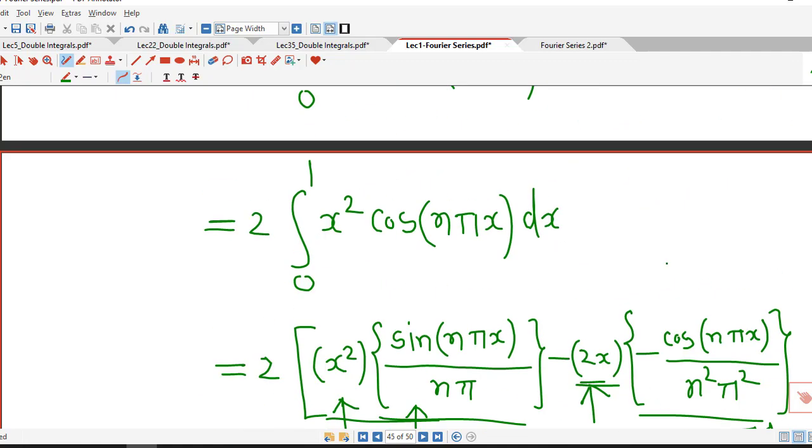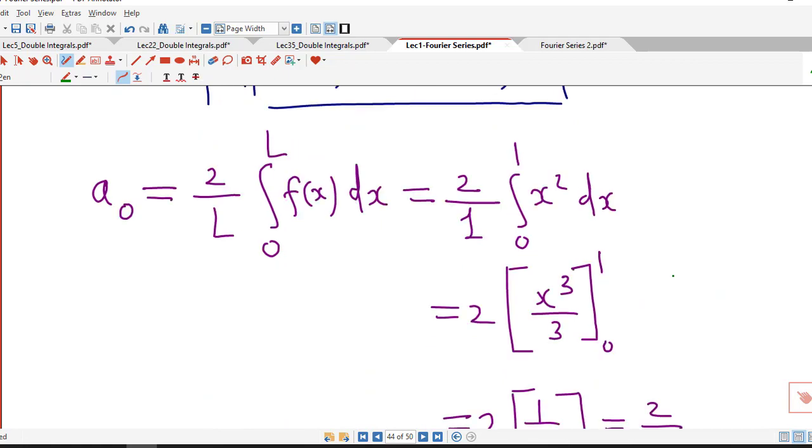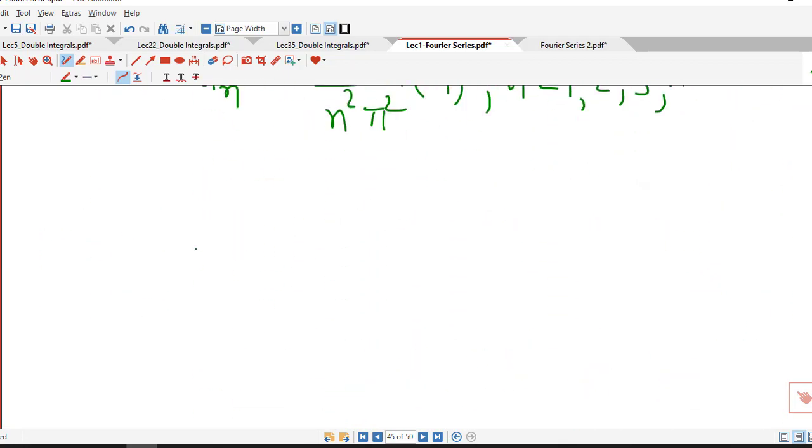And we don't have to calculate bn because our function is even. So we have calculated a0 and an, and now we are able to write down the Fourier series.